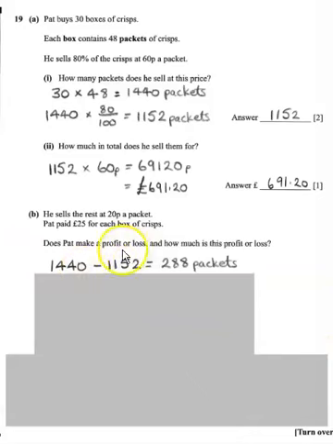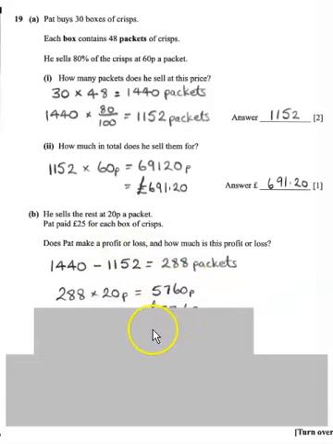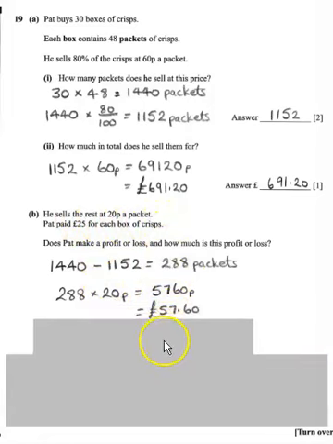So that is basically what he's sold already. So he's got 288 packets to sell. Now he sold those packets at 20p a packet. So we've got 5,760 pence, which then becomes £57.60. So that's just dividing by 100.